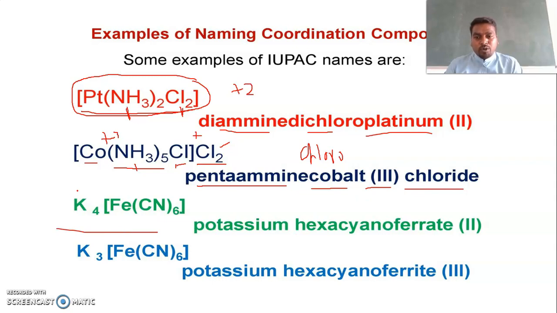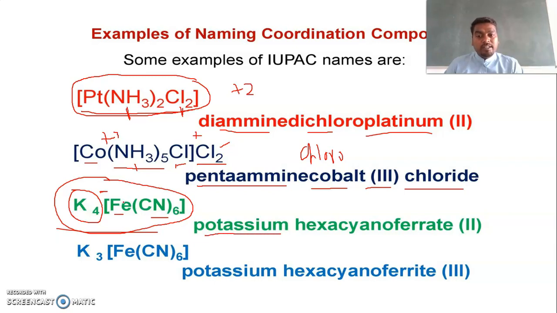Now come to this complex. Here potassium is a counter ion, iron is a central metal ion, and cyanide is a ligand. So this is a negative complex. What does the rule say? In case of negative complex, the name of the metal ion ends with ATE. In the whole coordination complex, potassium is positive, so it comes first.